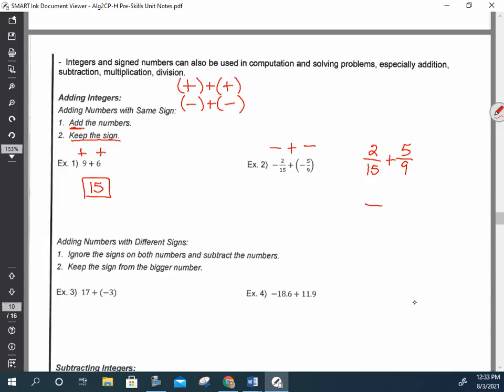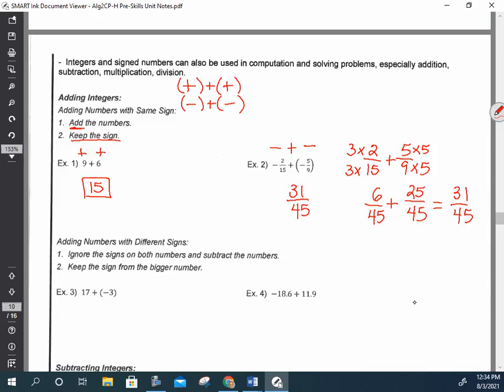The first number they share is 45. So 3 times 15 gives you 45, and 3 times 2 gives you 6. 9 times 5 gives you 45, and 5 times 5 is 25. So you have 31 over 45.